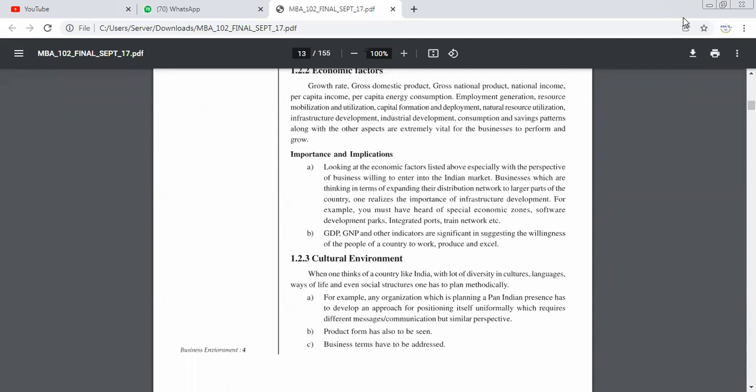For example, an organization planning a pan-Indian presence has to develop an approach for positioning itself, which requires different message communication but a similar prospect. Product form is also to be seen. Business terms have to be addressed. Willingness of people to work is mostly a reflection of culture. Gender freedom and gender bias are important aspects to be understood.